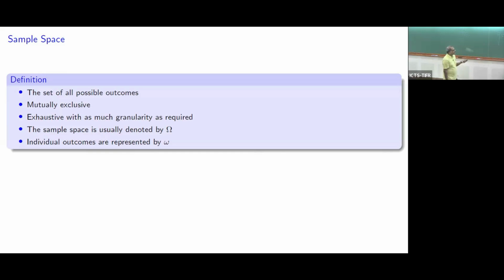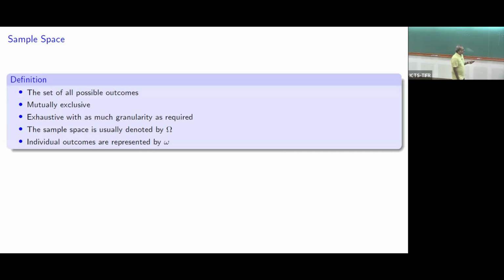The set of all possible outcomes that you can have is called the sample space of this experiment. It's just a collection of all possible things that can happen in that experiment. Now, in general, these need not be numerical values. They can be other abstract quantities also. We will see an example in a bit.